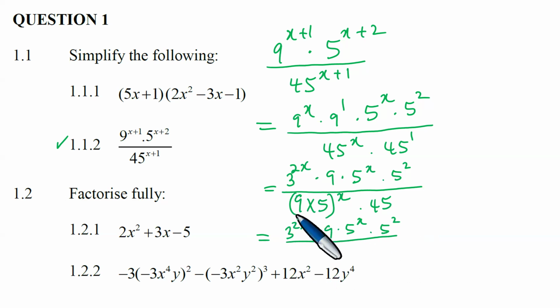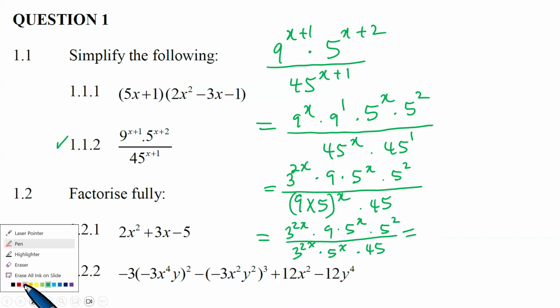Now, this 9 is the same as 3 to the power of 2, but there's an x. There's also 5 to the power of x, but we also have a 45, like so.